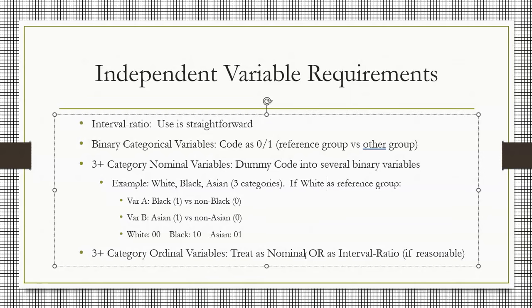Most software will take the first listed category, or the one that's coded the lowest, by default. Your data more commonly starts at 1, so we'll start with 1. 1 is did not graduate high school, 2 graduated high school, 3 some college, 4 bachelor's degree, 5 postgraduate education.